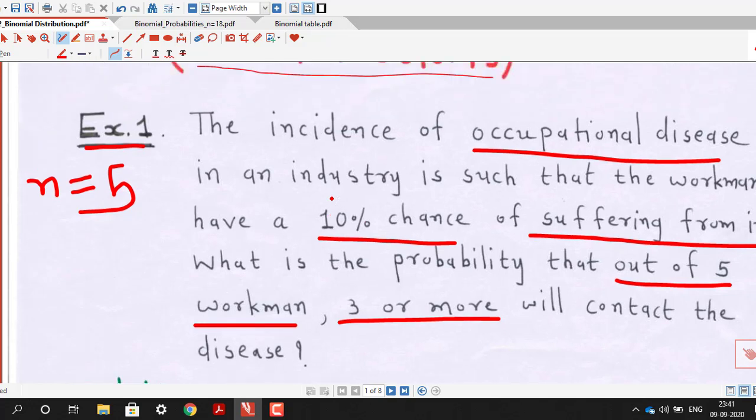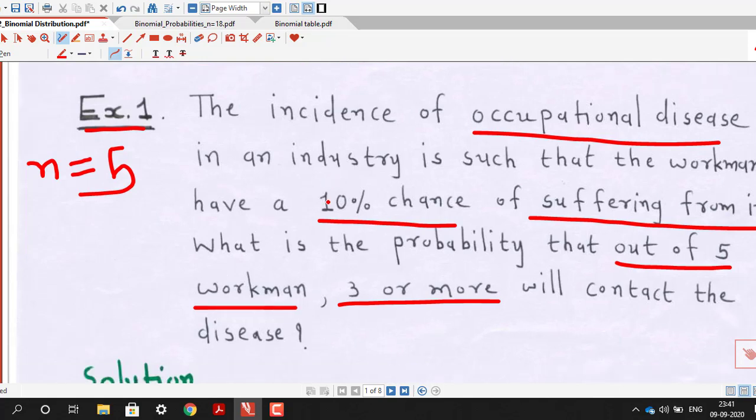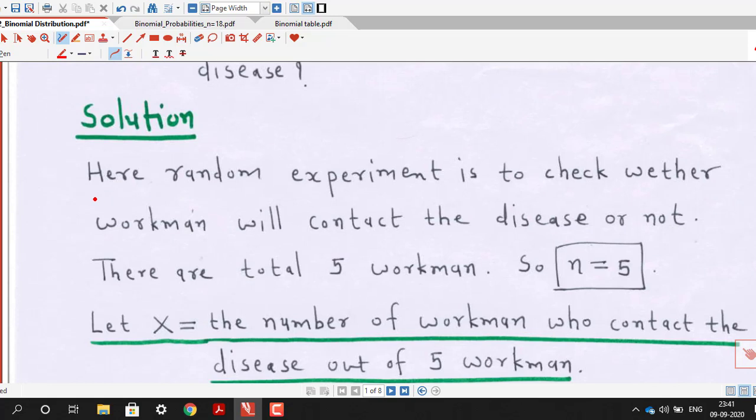If we define the random variable X as the number of workmen suffering from disease, then it is given that the probability that a workman has the occupational disease is 10%, that is 0.1. So let us see here.